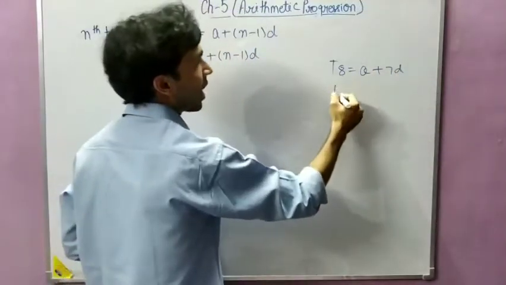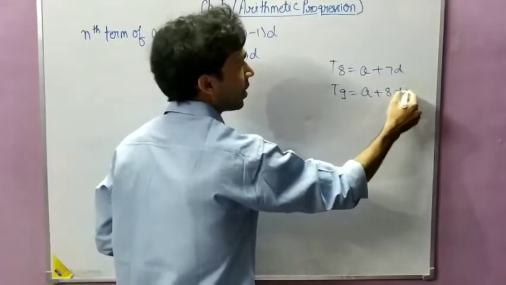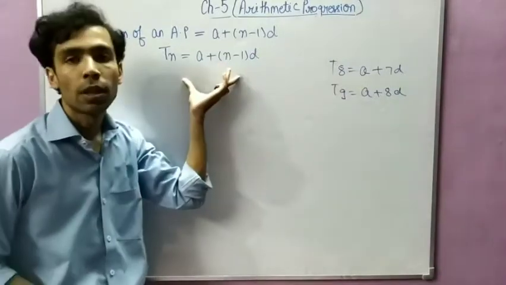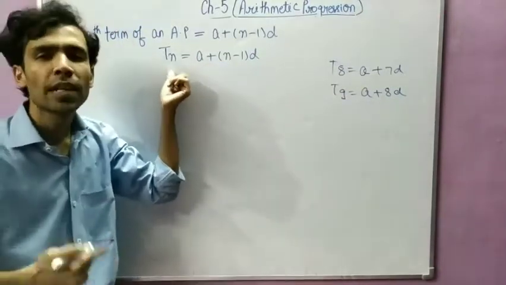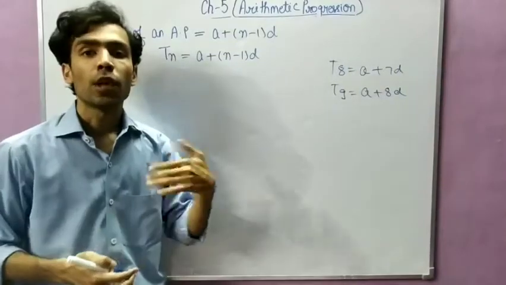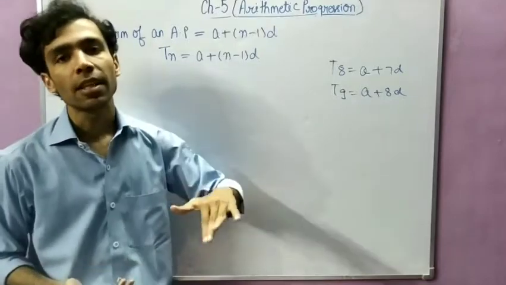If you have to write the 9th term, then in A, how many D will you add? 8D, and so on. This comes from this formula only. When you put n equal to 1, n equal to 2, n equal to 3, you get the terms of an AP: the first term, the second term, the third term.